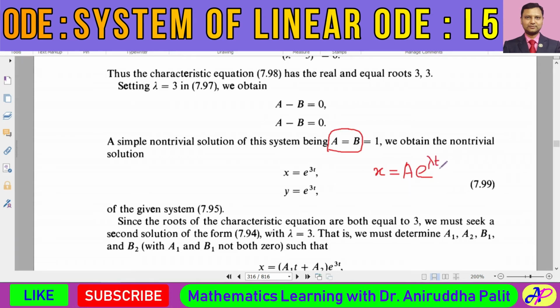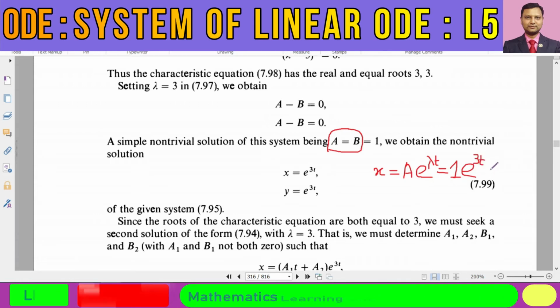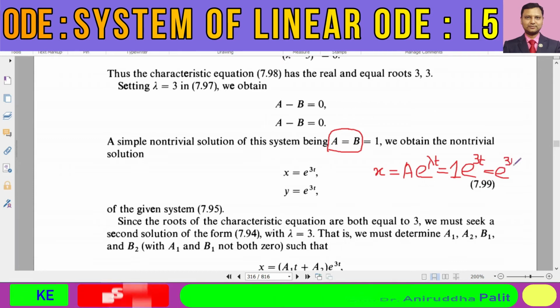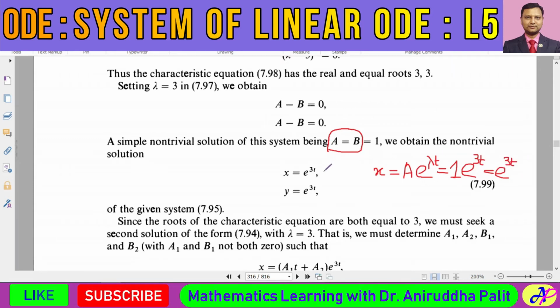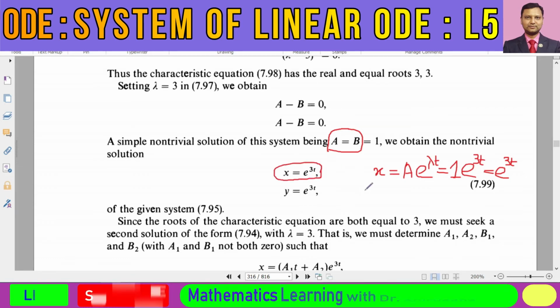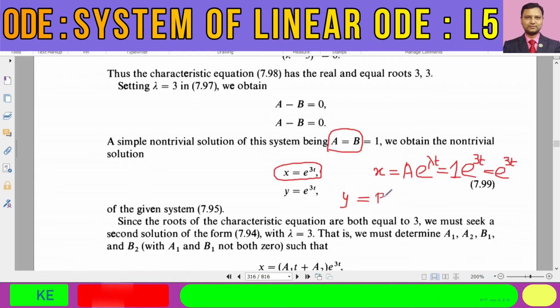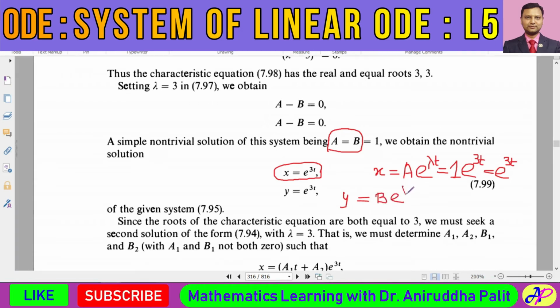Now capital A is equal to 1, therefore 1 into e to the power of lambda t. What is lambda? Lambda is equal to 3, so we have this expression of x. So x becomes equal to e to the power of 3t. Similarly, what was y? Y was equal to B into e to the power of lambda t. Now what is B?